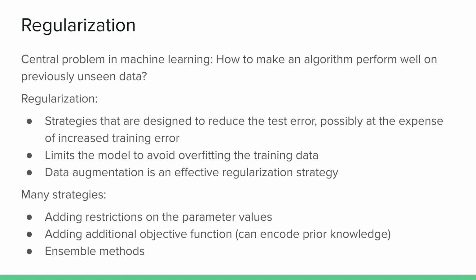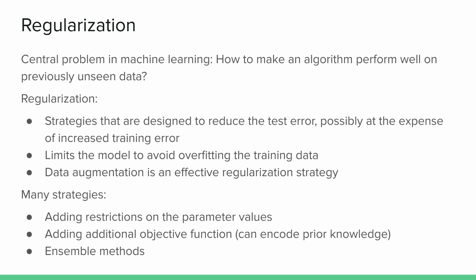What we're doing is we're limiting the model capacity to avoid overfitting on the training set. Data augmentation, as we've just seen before, is one mechanism for performing some sort of regularization, and it's actually a really efficient strategy. But there are also a couple of other strategies that we're going to take a look at.